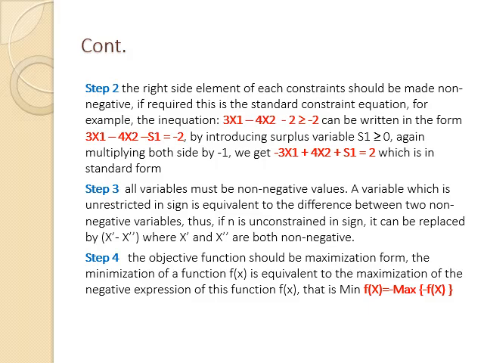Multiplying both sides by negative 1, we get negative 3x1 plus 4x2 plus s1 equal 2.